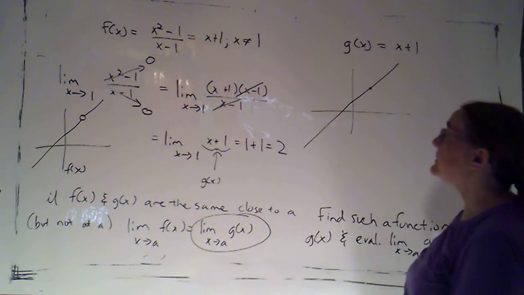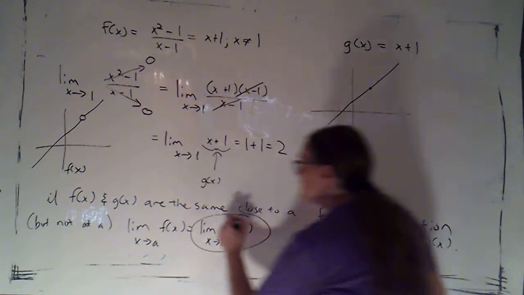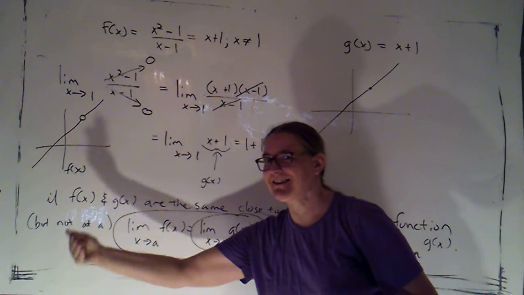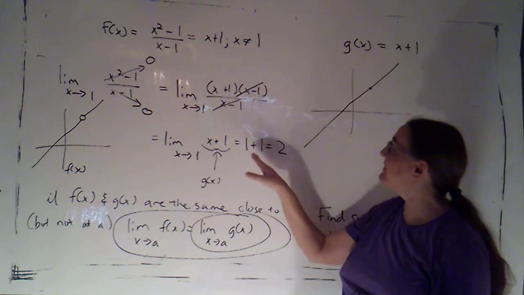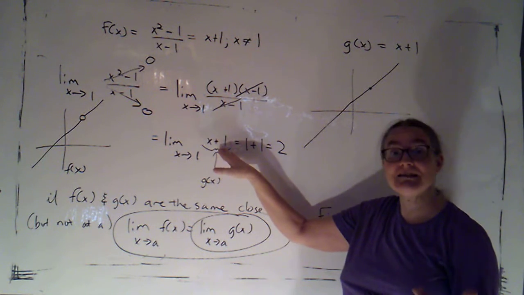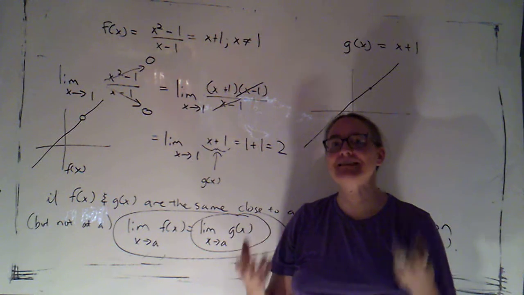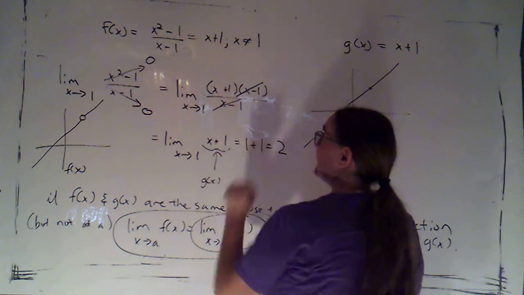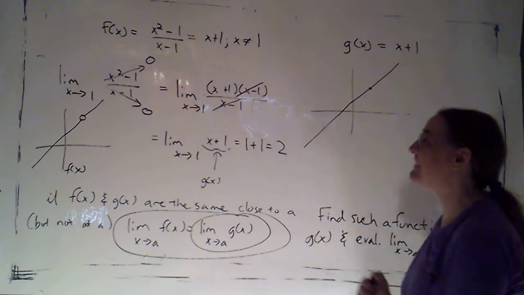When I'm taking the limit, I don't need to record the restriction because I'm using the rule that the limit of this function, that's not defined at 1, is the same as the limit of this function that is defined at 1. They are different functions, but they have the same limit. So it's legal for me to say that the limit of f is equal to the limit of g. Okay, they have the same limit.